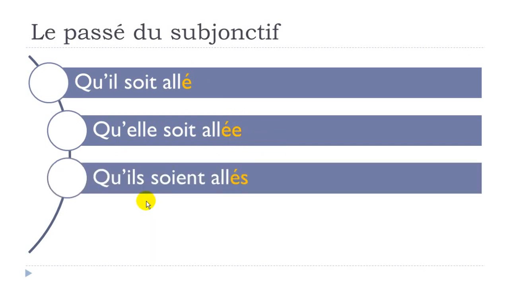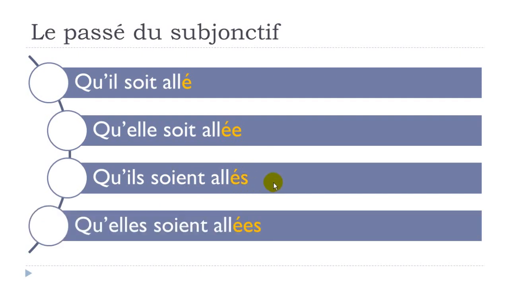If you've got the plural, like here, ils at the plural form, so soient, and then allés, you should put the mark of the plural at the end of your participe passé, and s is the mark of the plural. And last but not least, if you've got, like here, the feminine plural, qu'elles soient allées, remember to put at the end of your participe passé first the mark of the feminine, then the mark of the plural, s.